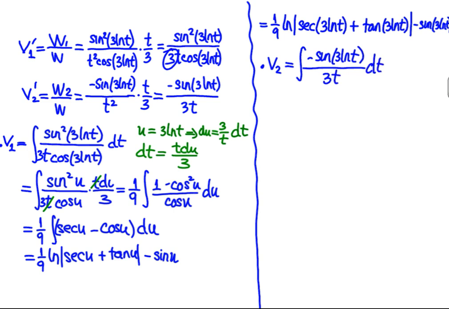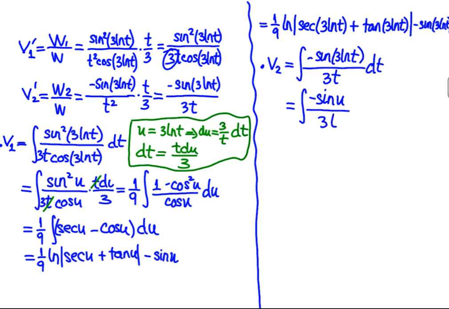Using the same substitution as before, we will have negative sine of u over 3t. dt is t du over 3. The 3 and 3 give us negative 1 over 9 integral of sine u du.